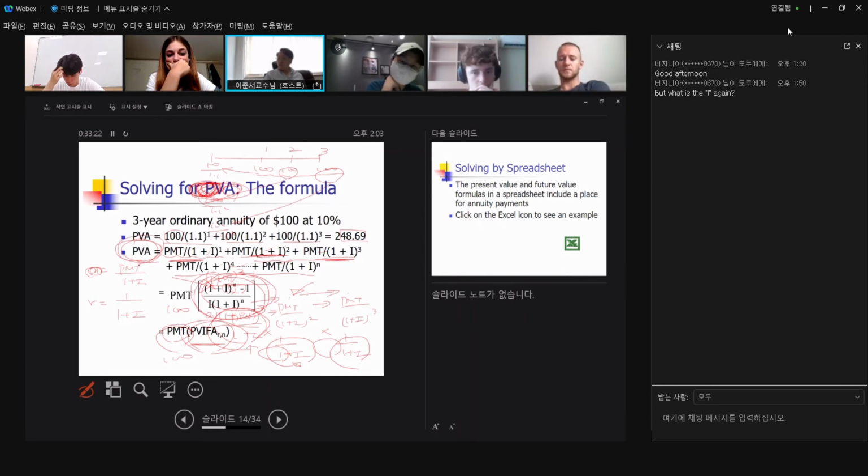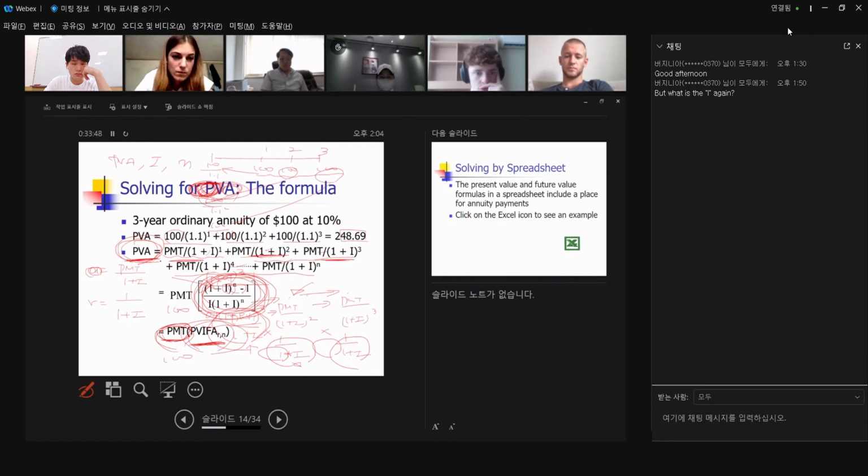Present value of annuity and other information. So if I give you PVA, I, and N, then you can solve what? Payment. There are 3 variables: first variable, second variable, and third variable. So if I give you some information to get the solution for the first variable and third variable, then you can calculate the second variable, right?